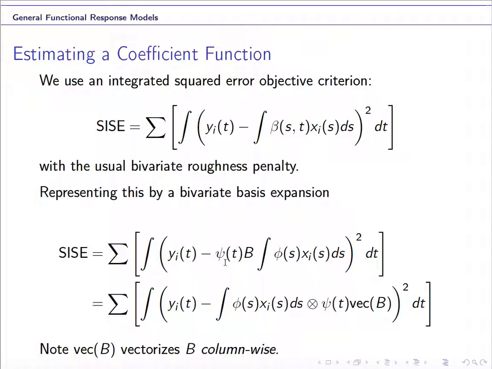So what you can do is vectorize this form, and then the vector of this, as we just learned from the property, will be equal to the Kronecker product of these two sides, multiplied by the vector of B. So to do it this way, you will first vectorize the matrix B to become a vector.